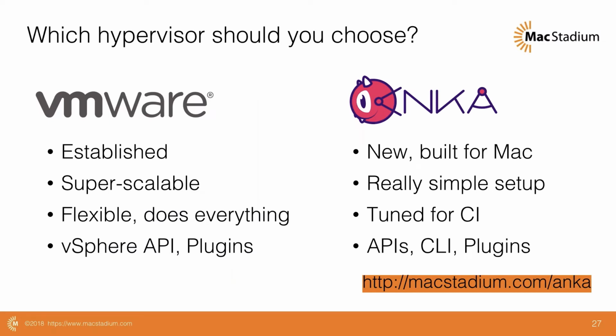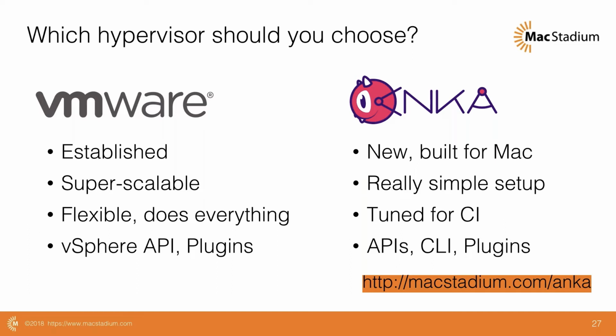There's really 2 choices for hypervisor when you're looking at virtualizing macOS. And both are great options, and we've been working with both to give our customers the opportunity to pick what's right for them. If we look at VMware, VMware is probably well known to everybody. It's an established company. It's been around forever.